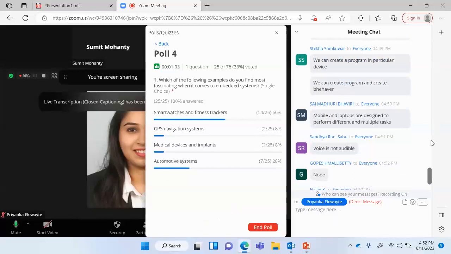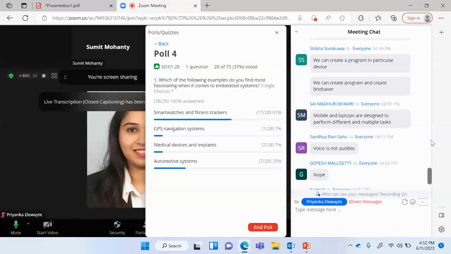So as I can see, many of you are interested in smartwatches, fitness trackers, and all these things. Even in fitness trackers, one major impact of an embedded system is time boundedness.